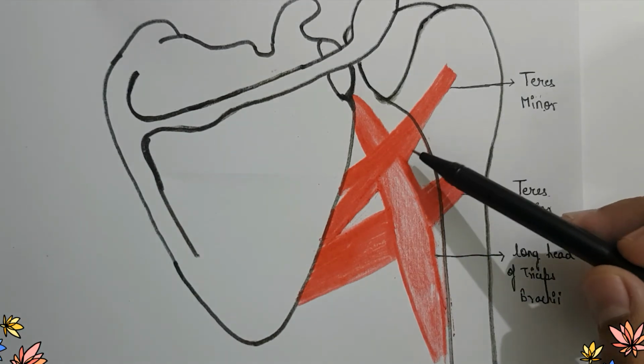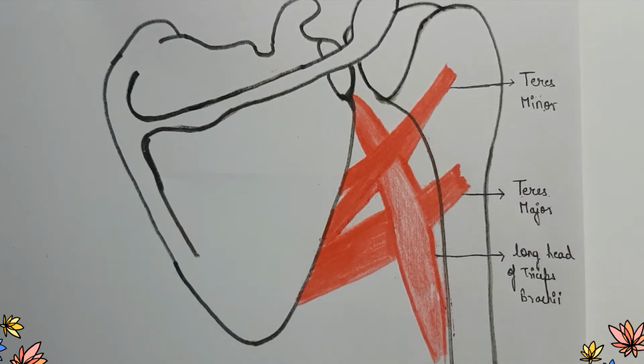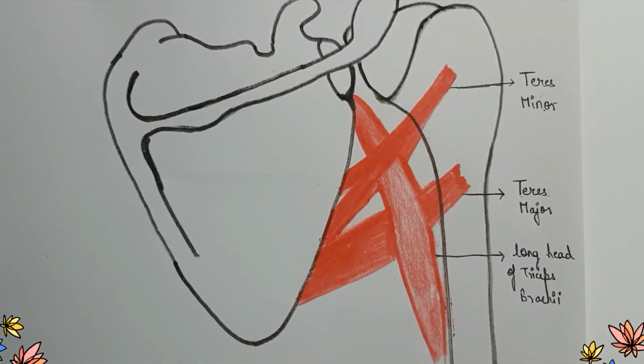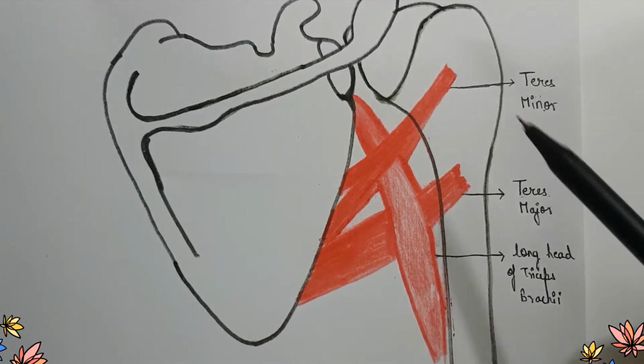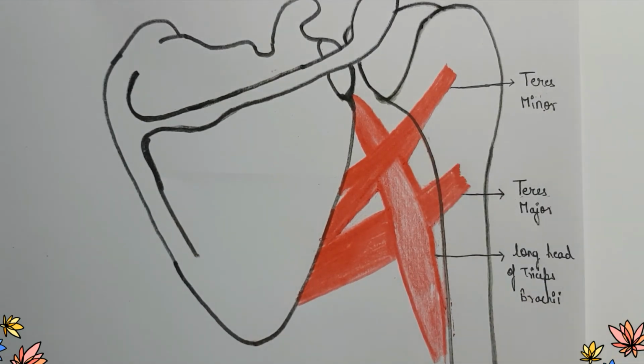The teres minor muscle is quite easy to enumerate, but the subscapularis and the capsule of the shoulder joint are easily forgettable. So we have to remember that the superior border of the quadrangular space is formed by three structures: subscapularis, capsule of the shoulder joint, and the inferior border of the teres minor muscle.